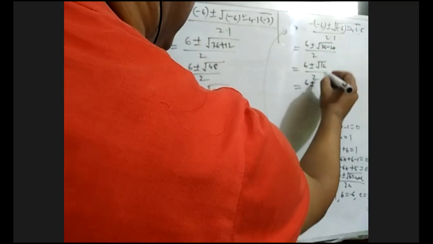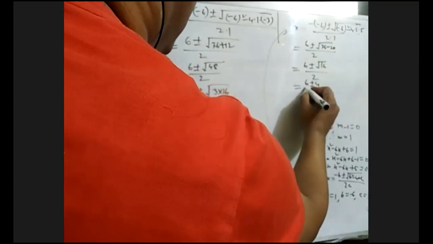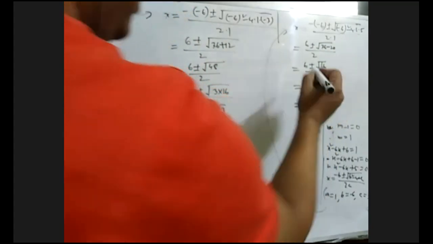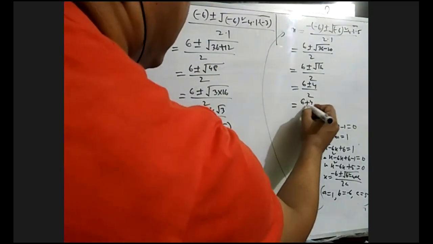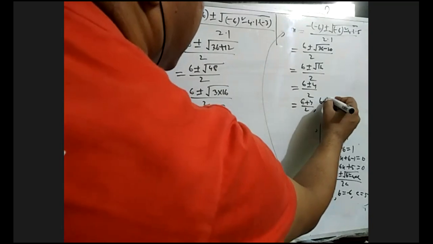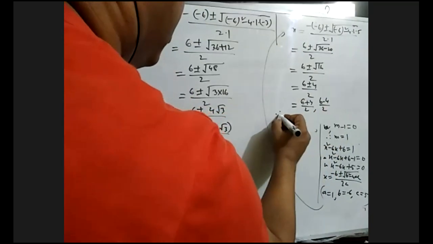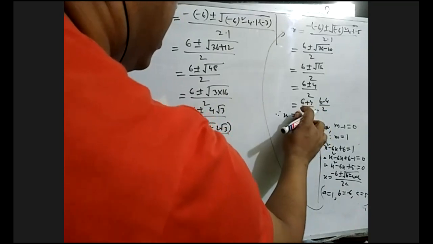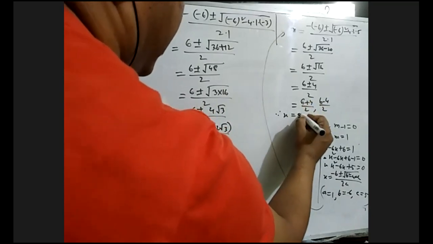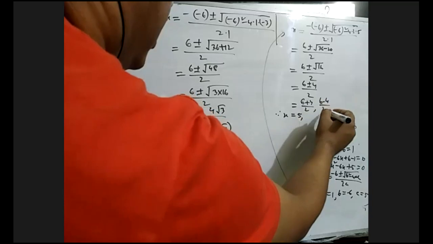Square root of 16 means only 4. So we get here two values of x. One is 6 plus 4 by 2 and another is 6 minus 4 by 2. Therefore x equals 10 by 2, that means 5. Another is 2 by 2, that means 1.